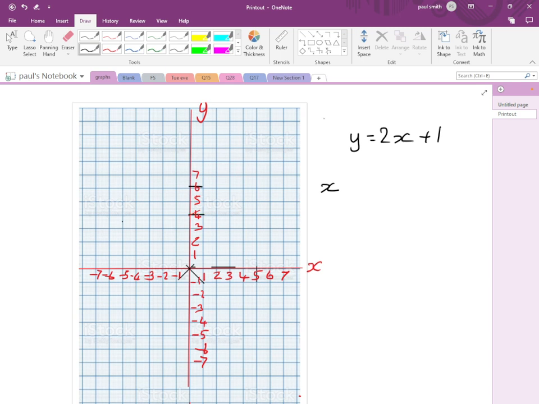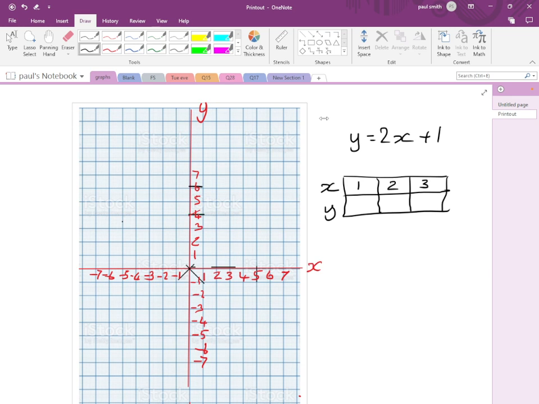So you have a table of x and y's, and it is like this. And you only need 3 things. And the simplest numbers to put for the values of x is 1, 2, and 3. So what we need to do is substitute the different values of x into this equation, and we will be able to work out what the y is for that particular value of x.